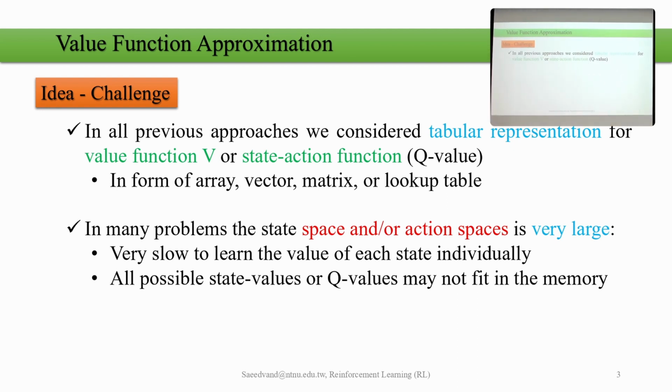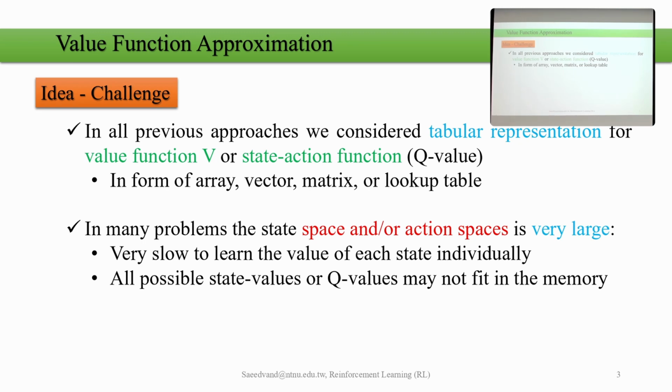So as I explained, the challenge is that all previous approaches we considered use a tabular representation, for the value function or the state-action function as Q value, so we have a problem with space and size. Because in the form of an array, vector, matrices, or lookup table, whatever we do, that's very big.